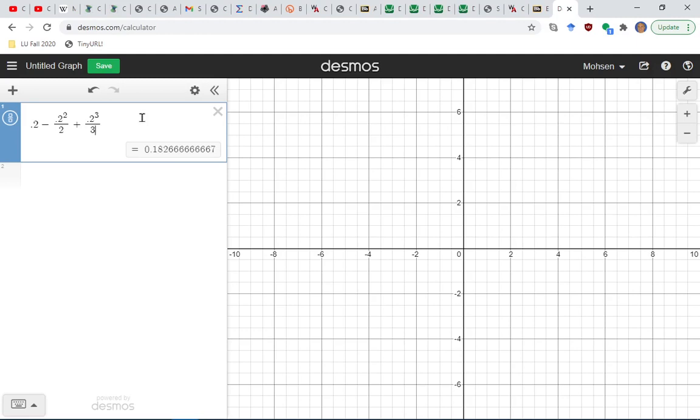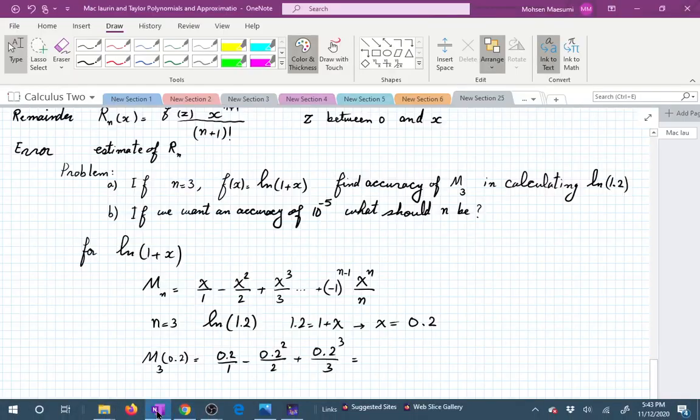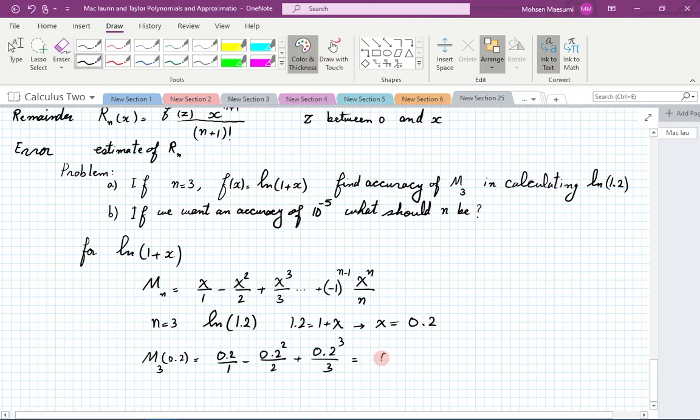Let's enter that in our sheet: 0.1826. You can write it to say 4 decimal places or 5 decimal places according to how the problem wants it.